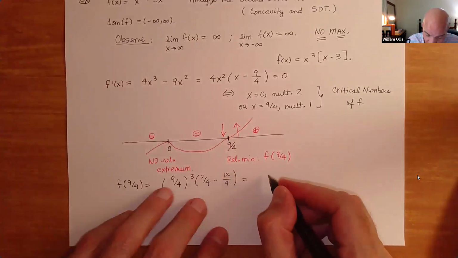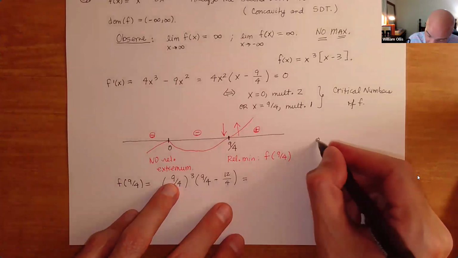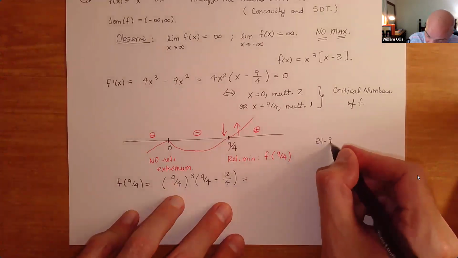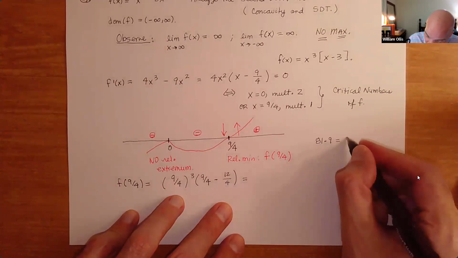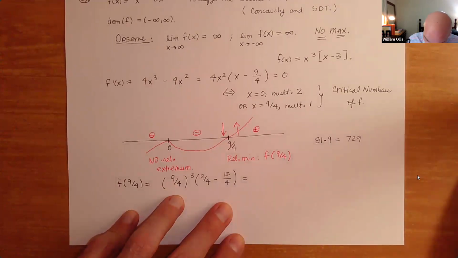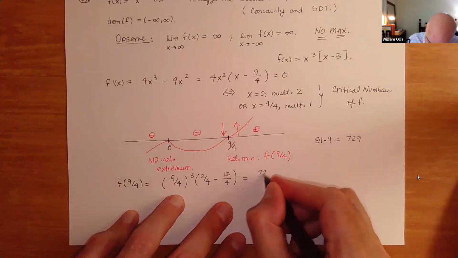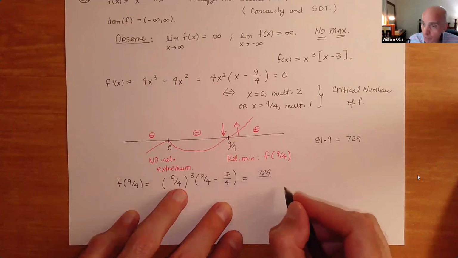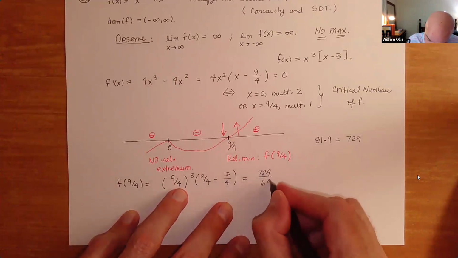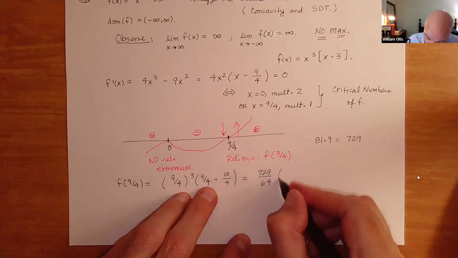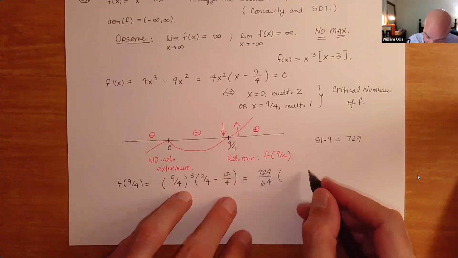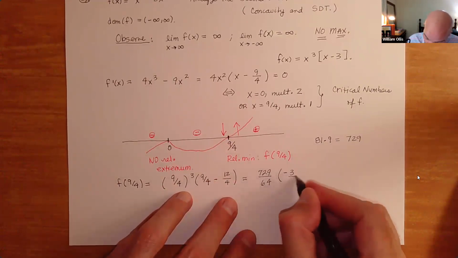And so now, of course, we have an 81 times a 9, which is 729. And of course, if we cube the 4, we get a 64. And so now when we subtract, we have the 12 from the 9, so that gives us a -3/4.